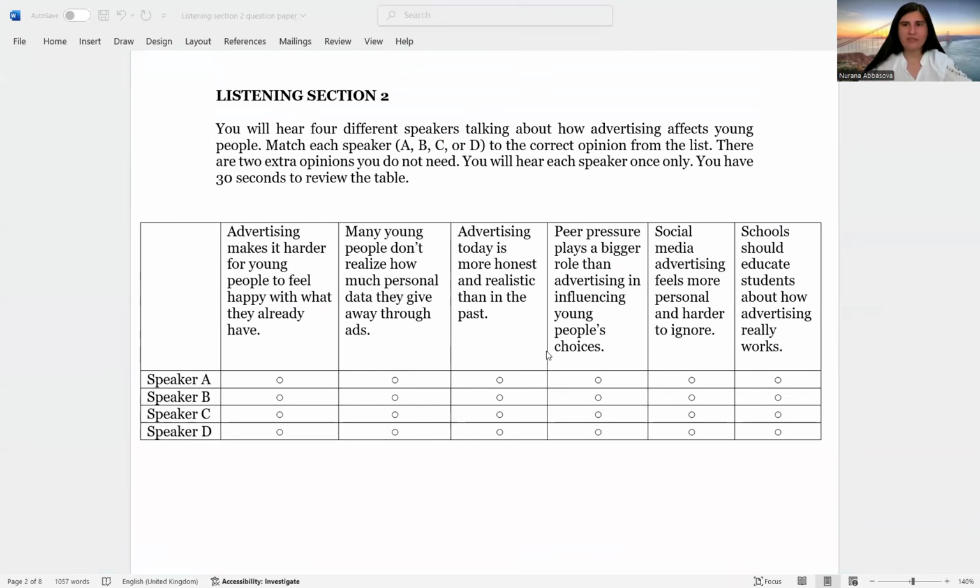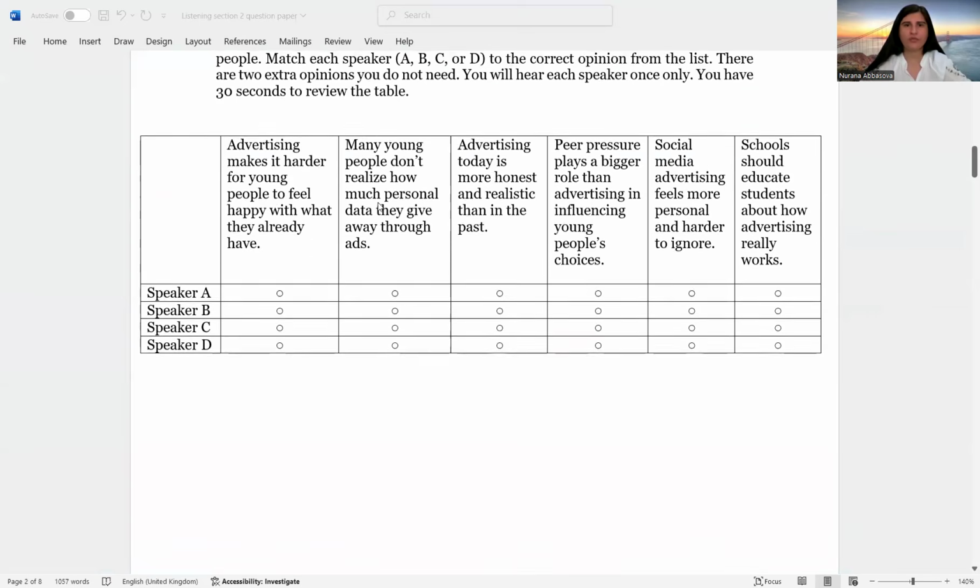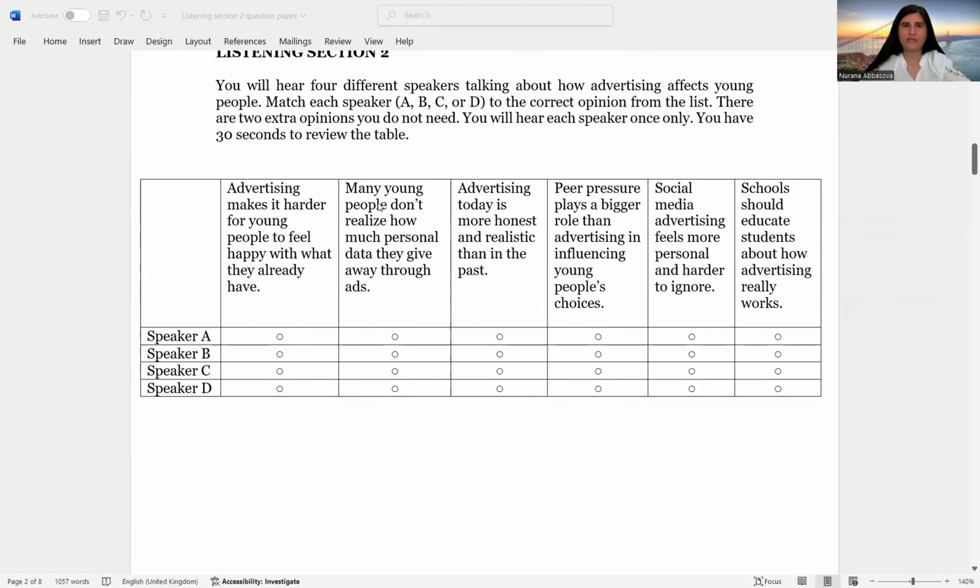Good. Next ones, please. Here you only choose 4 answers, as you know. 2 out of 6 are mistakes. I mean, they can be not used. They didn't talk about it, we can say. Let me say that this is 1, this is 2, this is 3, 4, 5, and 6.